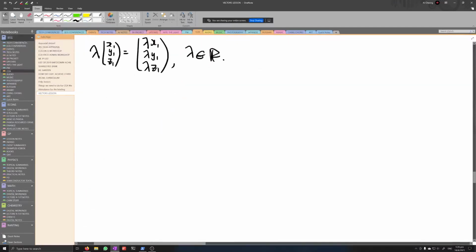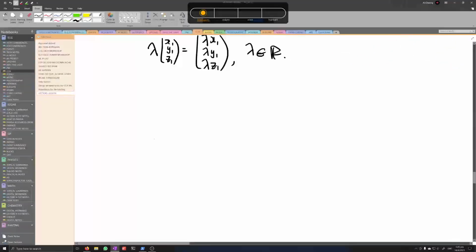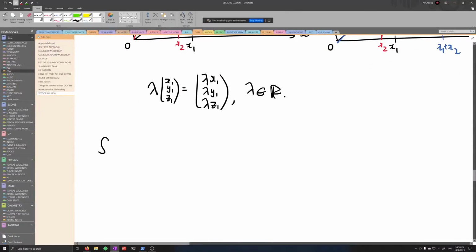So now I'll need to introduce a very important concept, which is called scalar product or dot product. Some of you who read up on vectors may have heard of another type of product called cross product or vector product.